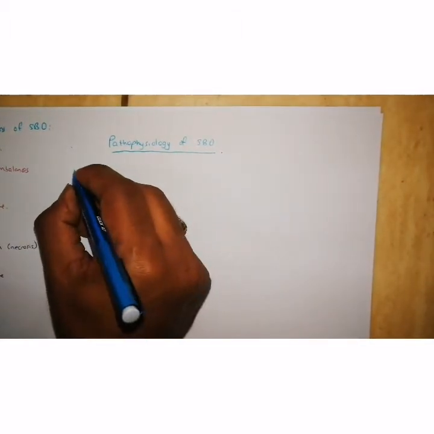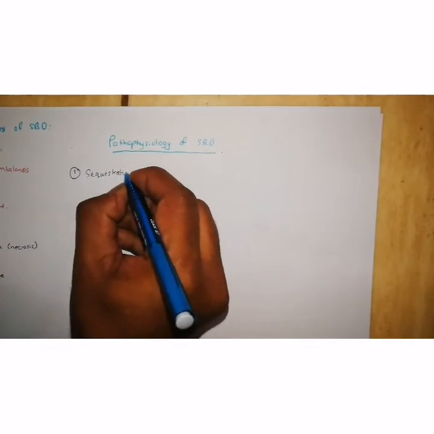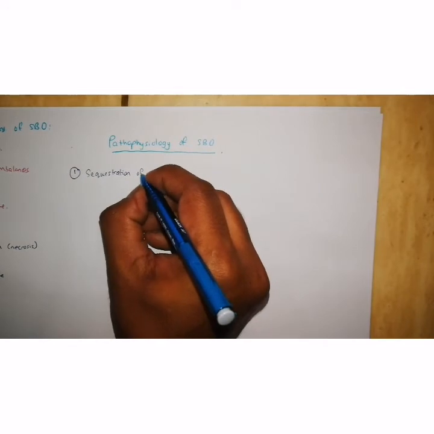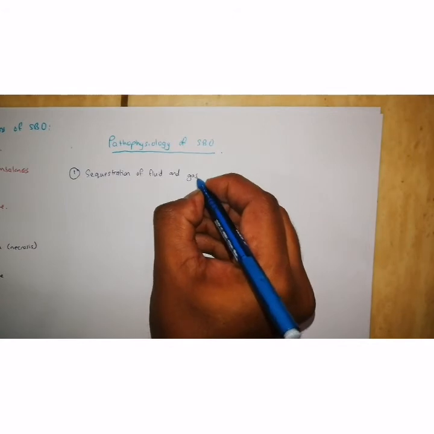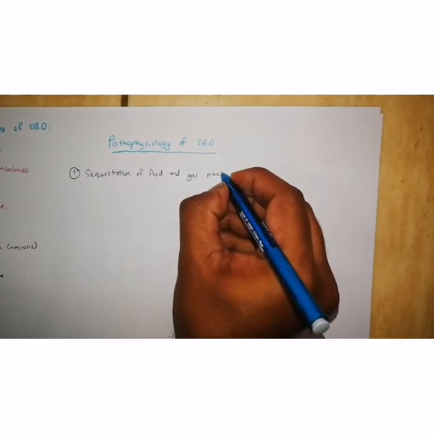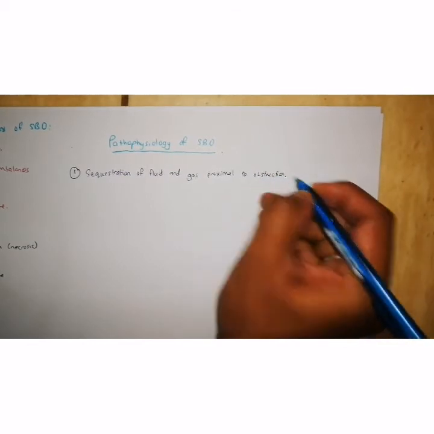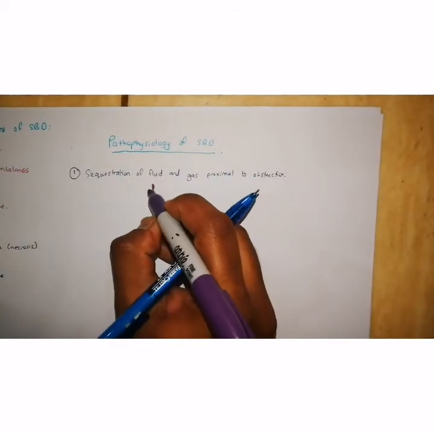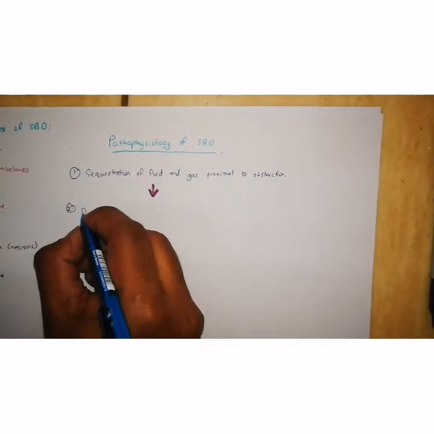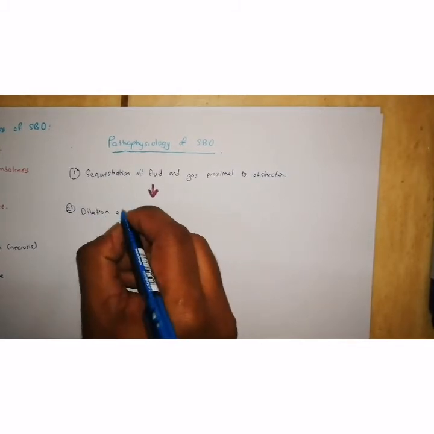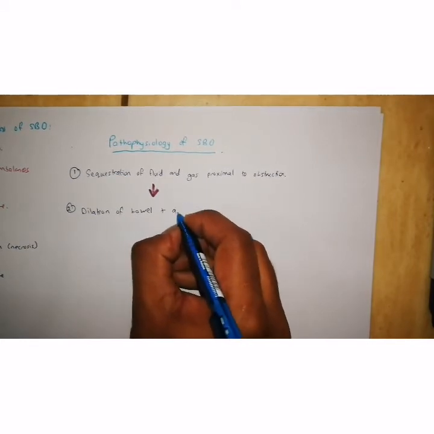First, sequestration of fluid, or basically retention of fluid and gases proximal to obstruction. This causes dilation of bowel, together with abdominal distension.